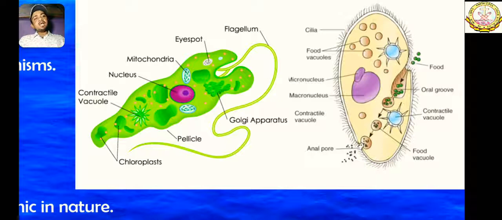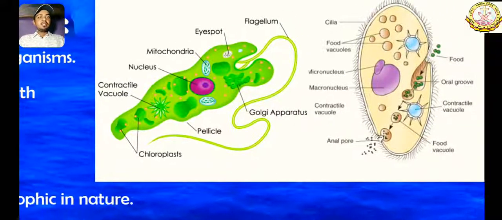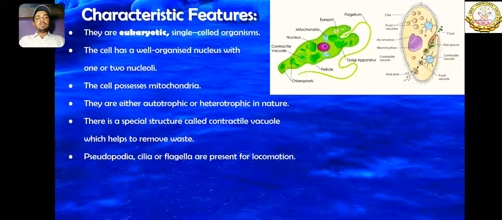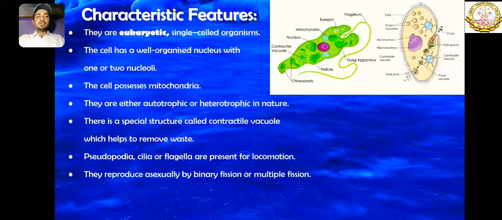These projections are called cilia, and this is present in paramecium. On the left side where Euglena is given, you can see a green flagellum, a long hair-like projection. It helps for locomotion. What pseudopodia are, we will see in a while.